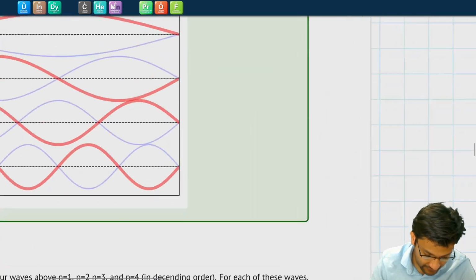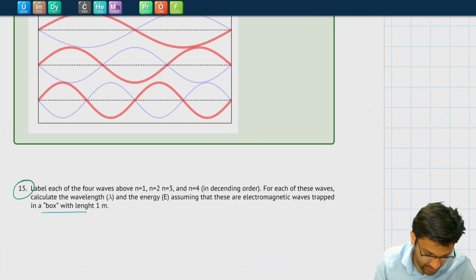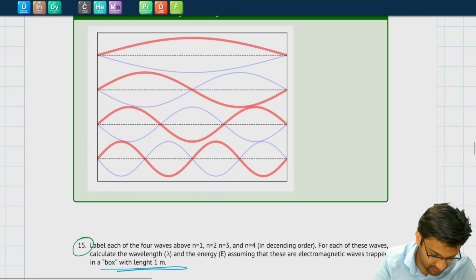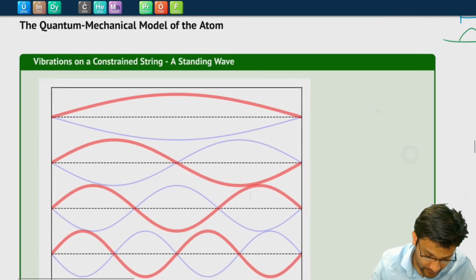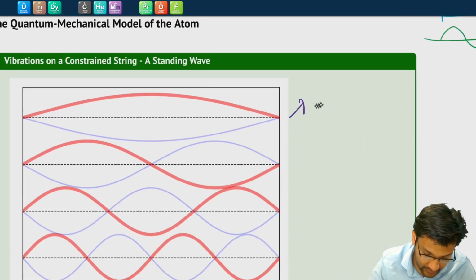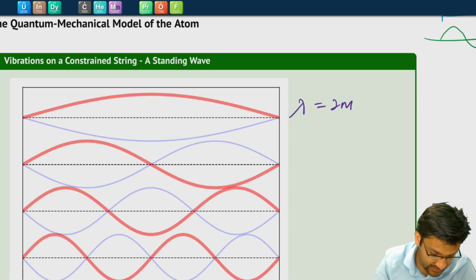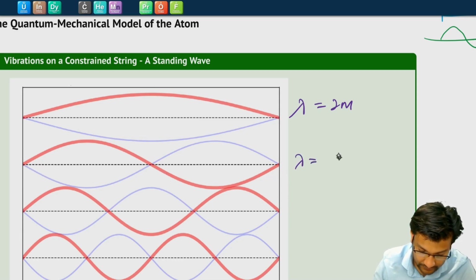If the length of this box is 1 meter, so let's write that this is 1 meter, then this first wave will have a wavelength of 2 meters, because this is just half the wave. The second wave here will have a wavelength of exactly 1 meter because the length of this box is just 1 meter.